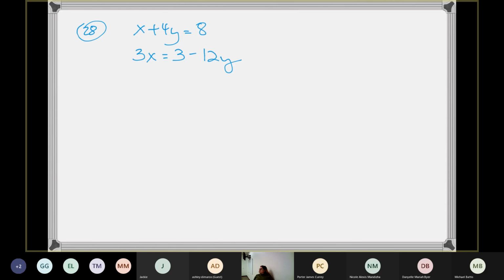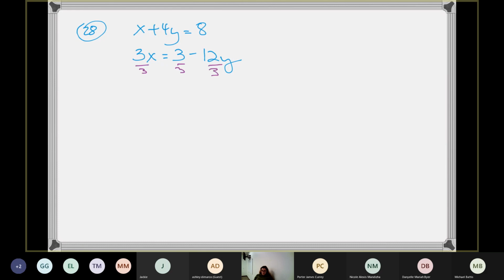Which one's the easier one to rearrange here? Isolate the first equation or the second equation? The first. Or, Jordan, what did you say? Either way, it really doesn't matter here, they're equally easy to rearrange. So if you go with the second one, then you would go ahead and divide everything by 3.